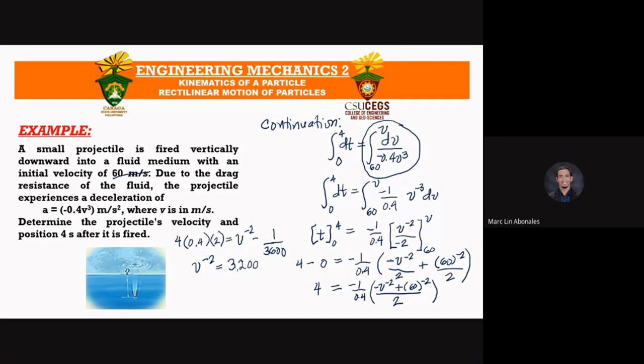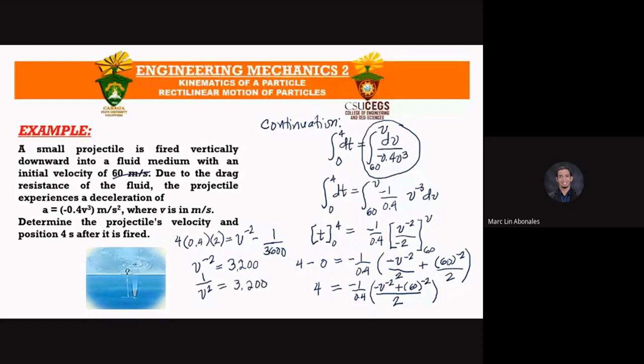3.2002777. So, 3.200. So now we can solve for V squared, the velocity rather. So, 1 over v squared is equal to 3.200.